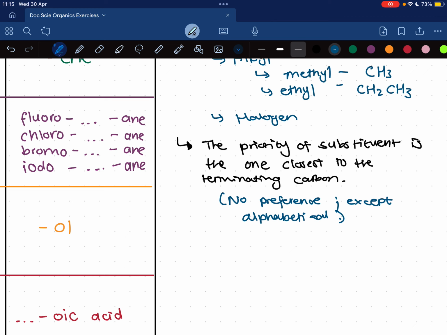So, for example, you would name bromo before chloro, and so on.